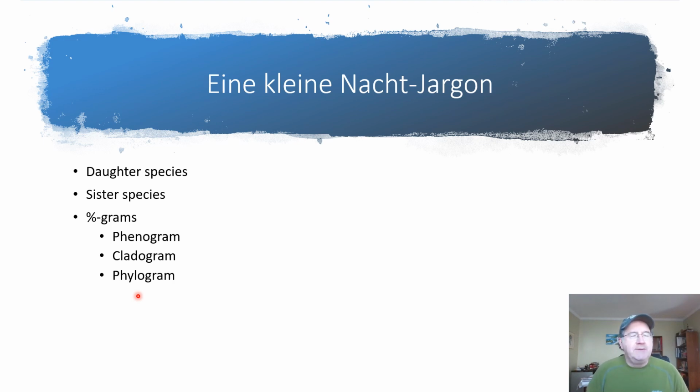Now, I didn't put this one down, maybe I should have. The amount of change that has taken place along a branch, if you assume some form of a clock-like mechanism for evolutionary change, either a molecular clock, or you could, in theory, do this with morphological characters. But you've certainly seen it with molecular clocks. Sometimes the length of those branches represents time.